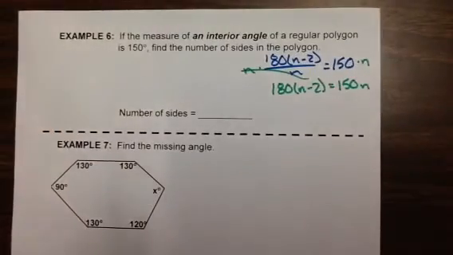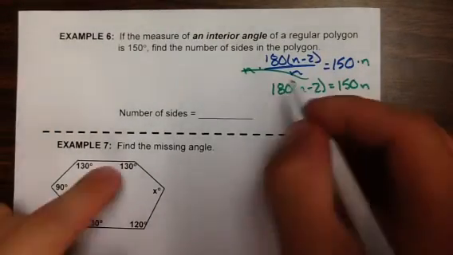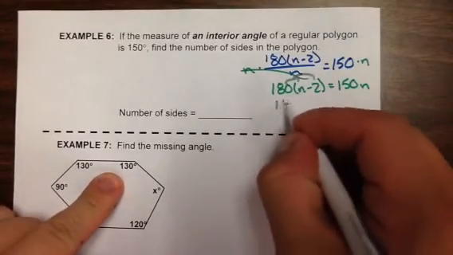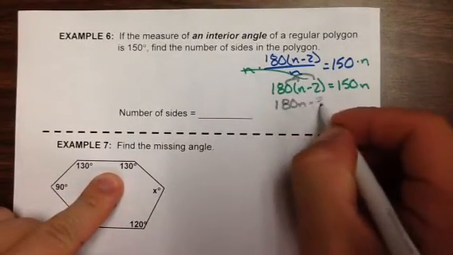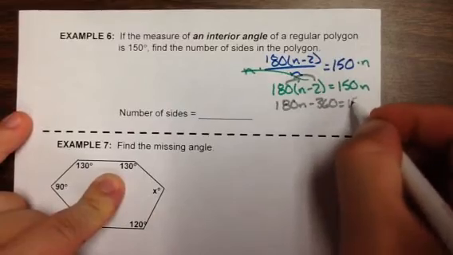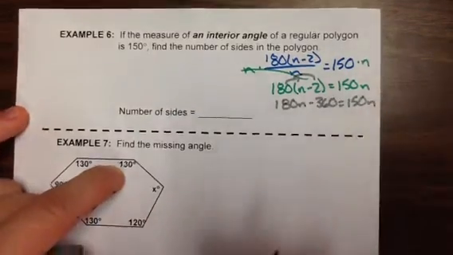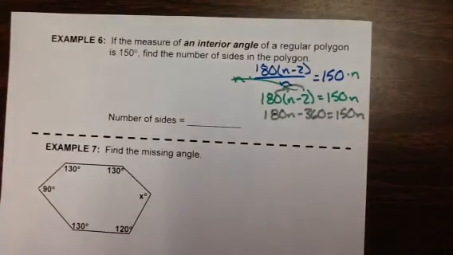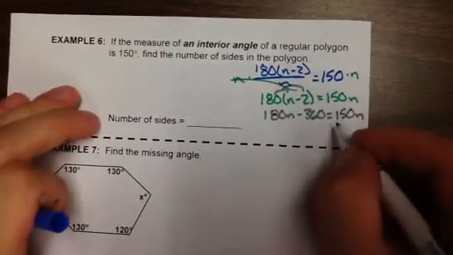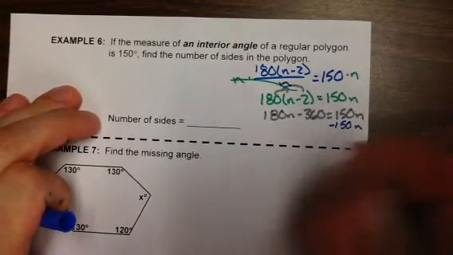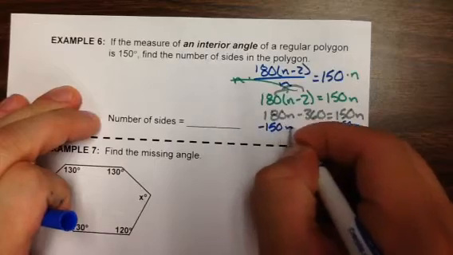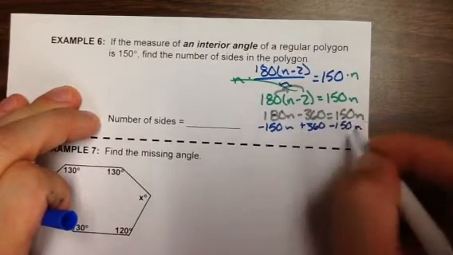So as you're coming back, 180 times (n minus 2) equals 150n. I'm going to distribute, say 180n minus 360 equals 150n. I'm going to put my n's together. I'm going to subtract 150n from both sides, and I'm going to immediately add 360 to both sides.